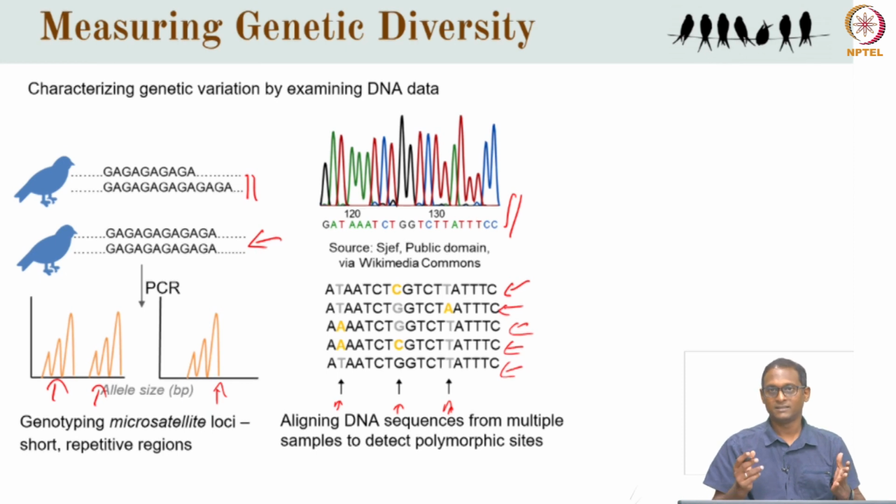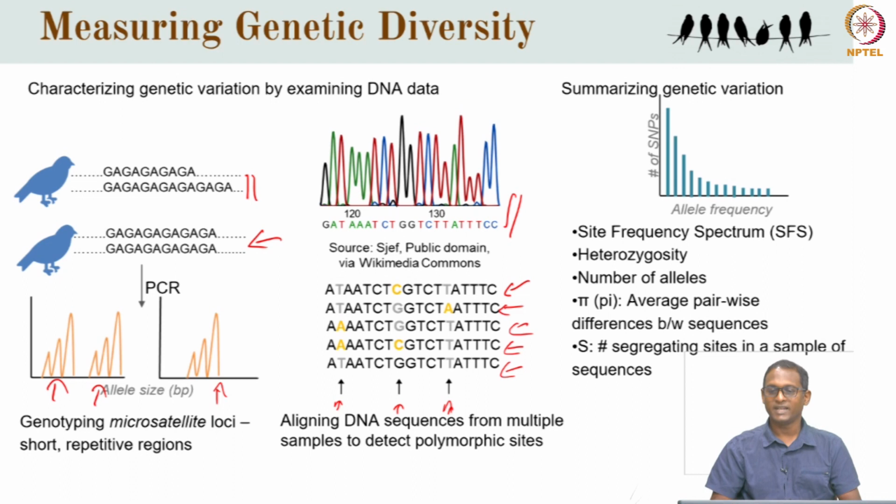Now this is the valuable part of generating such data. And what we could do with that is summarize this genetic variation in something called the site frequency spectrum, SFS for short. What the SFS does is look at the allele frequency and the number of SNPs that represent that frequency.